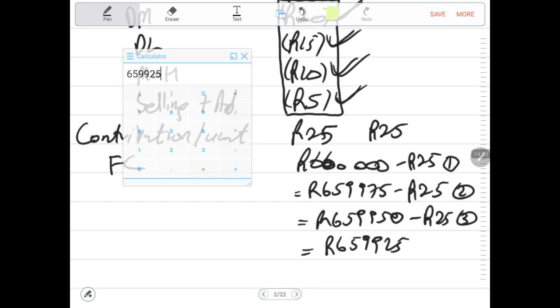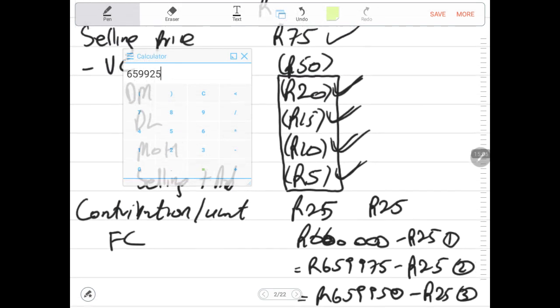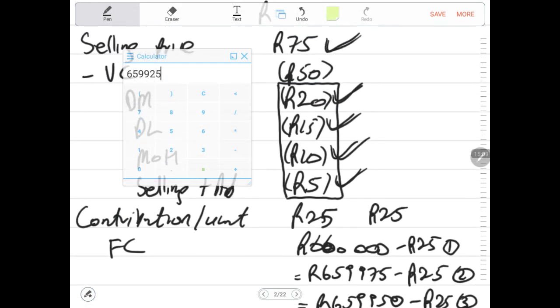A contribution is the portion of the sales that is used to cover fixed cost, because we sold our inventory at 75 rand and we covered our variable cost already, and there's still a marginal profit there, which is not a real profit. So out of our sales, how much will cover our fixed cost after variable costs have been taken into account? That is what we call contribution per unit.